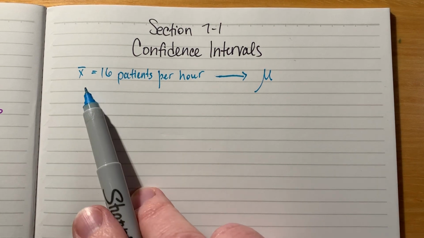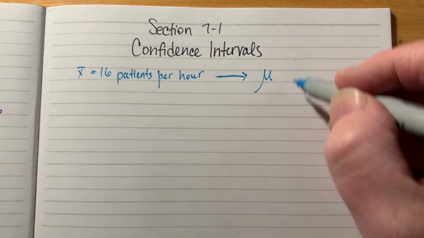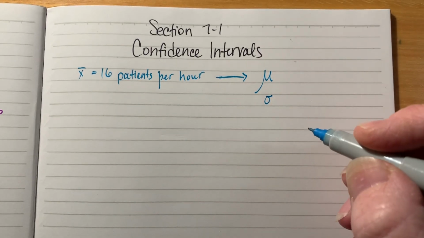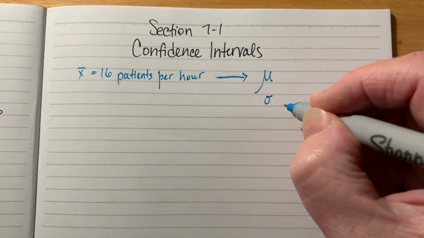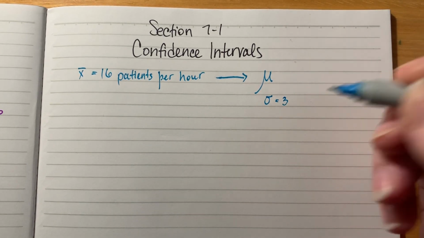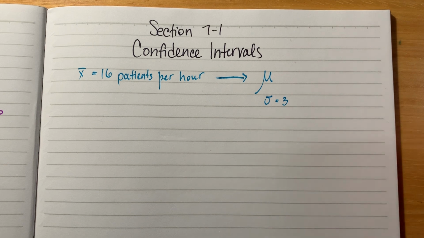So this is my mean. I also know a little bit about this population. It seems that in this population, the standard deviation is roughly 3 patients per hour, plus minus 3 patients per hour.